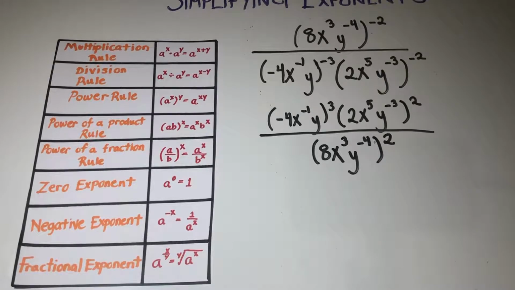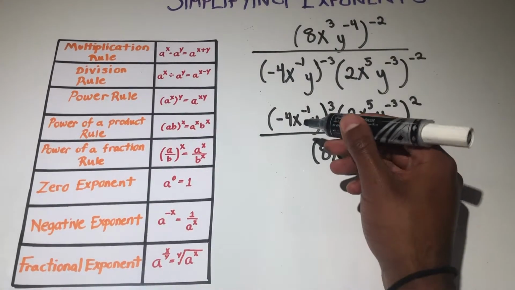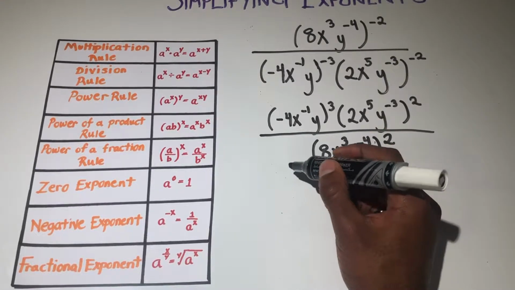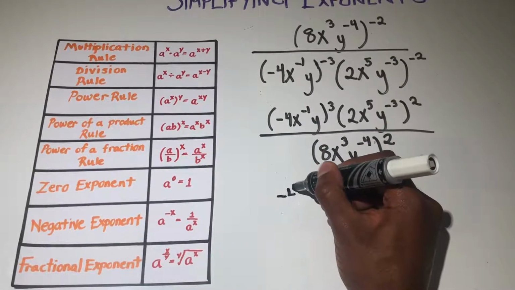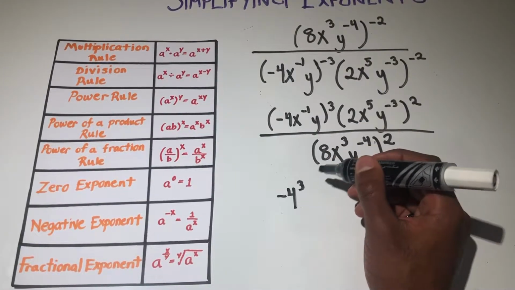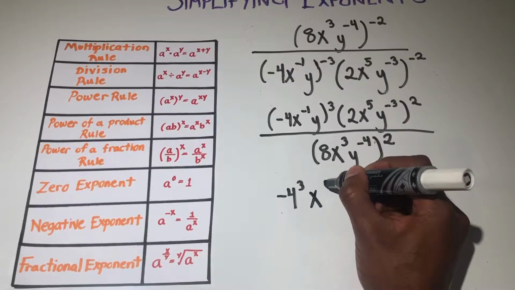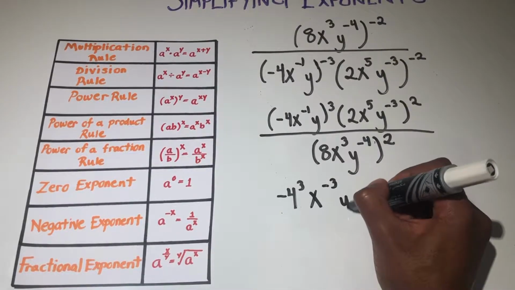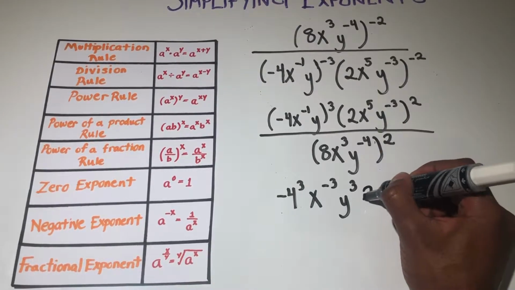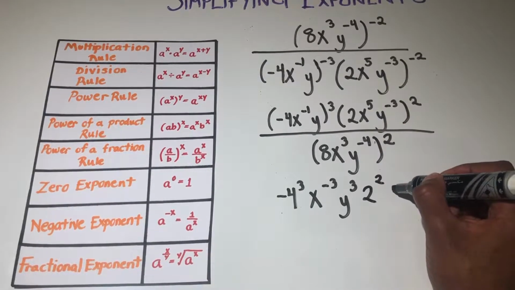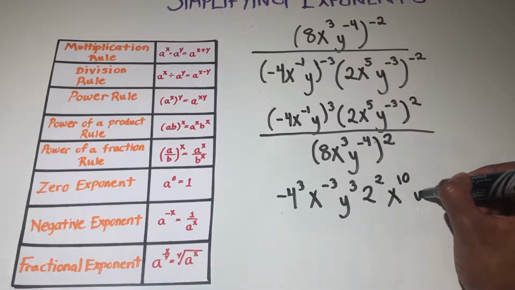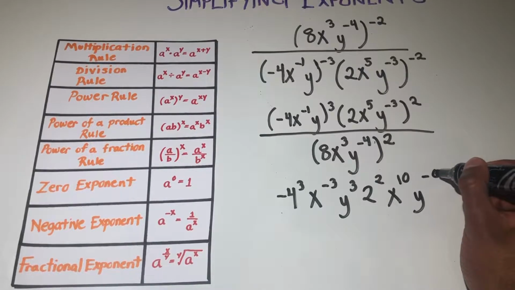Now let's go ahead and simplify. Distributing the powers, we have negative 4 to the power of 3 times x to the power of negative 1 to the power of negative 3 is going to give us x to the power of negative 3, and we have y to the power of 3 times 2 to the power of 2, x to the power of 10, and y to the power of negative 6.